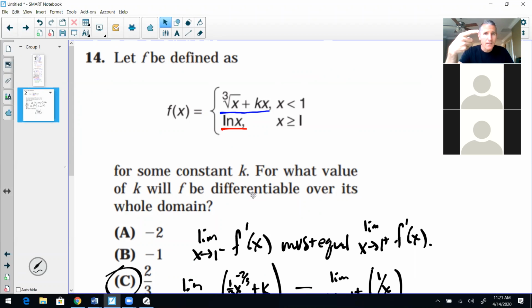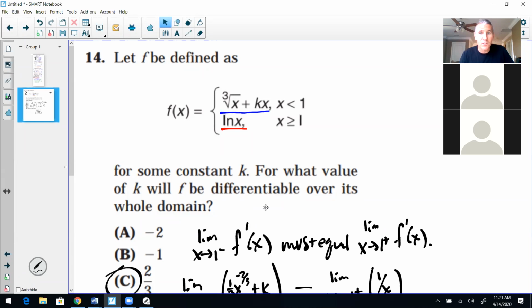Number one, if the function is not continuous at that value. Number two, if there's a corner or a cusp or something like that, where the derivative changes instantaneously. So we need the left-hand and right-hand limits of f prime of x to be the same. And three is a vertical tangent.